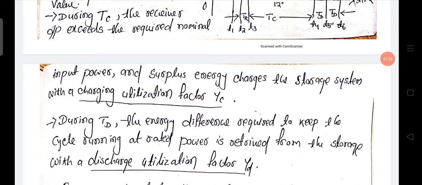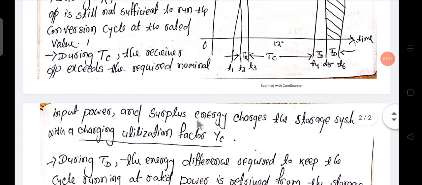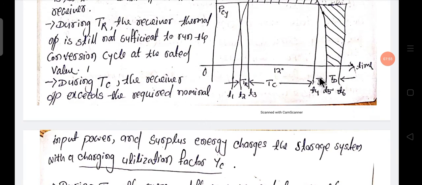We can charge our storage system with surplus energy with a charge utilization factor YC. Okay, during TD, this is TD, and this is also TD.